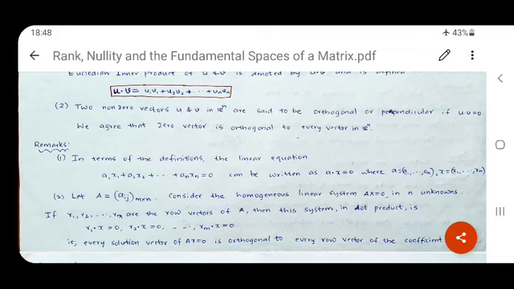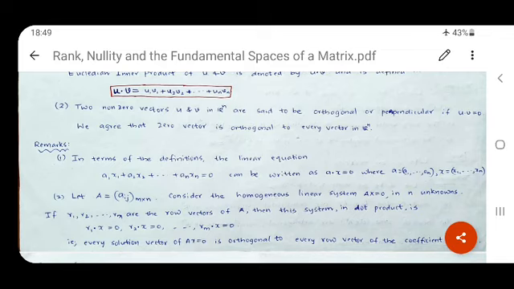So if r1, r2, etc. are the row vectors of A, then this system is nothing but r1 dot x equal to 0, r2 dot x equal to 0, etc., rm dot x equal to 0. So in dot product form we can express it like this, and r1 dot x equal to 0 means r1 and x are perpendicular or orthogonal to each other. r2 and x are orthogonal to each other, etc. rm dot x equal to 0 implies rm and x are orthogonal to each other.